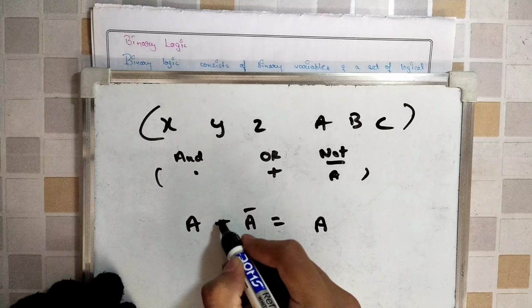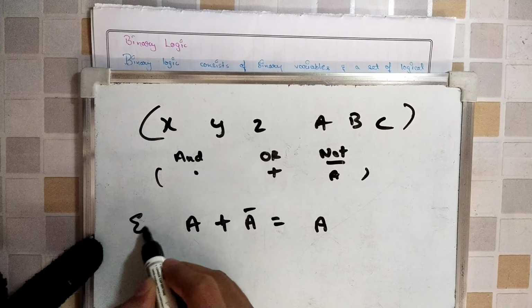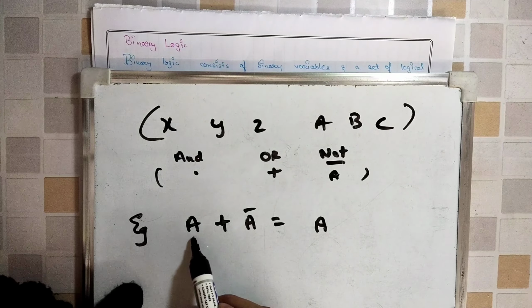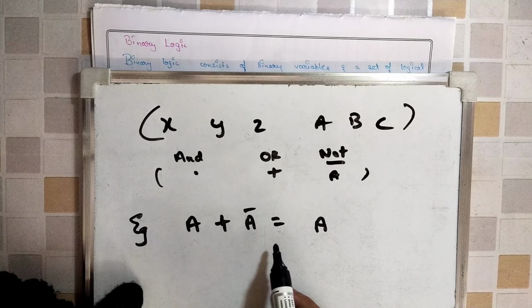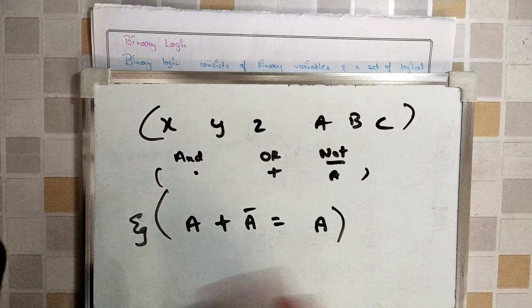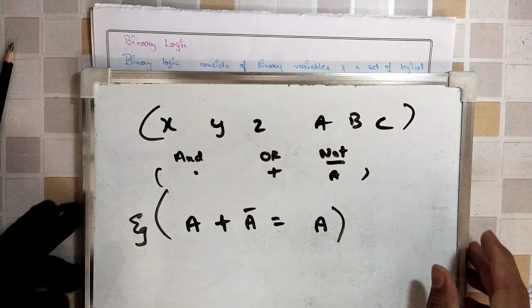How we got a here, we will be discussing later, but it is just an example to show that it consists of variables and operations. You just have to write this expression in words, and that will be your binary logic.